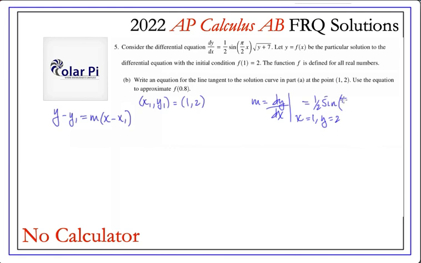So that's just pi over 2. Sine of pi over 2 is 1, recall. So that's just 1/2 times 1. Then we'll have this multiplied by the square root of y plus 7, which is 2 plus 7, which is 9. So the square root of 9 is 3. So this is going to come out to 3 over 2, right?